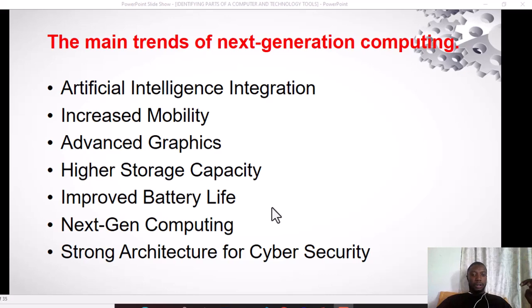Then we talk about strong architecture for cyber security, which covers the security measures that firms, companies, and other infrastructures put in place to guard the company against threats so they do not harm it.